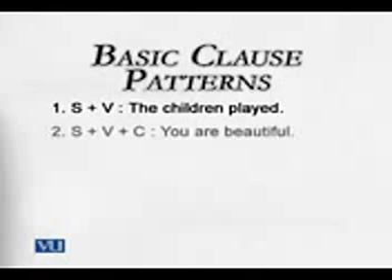Okay, now on your screen you can see I've written the same abbreviation, S plus V. Example: The children played. The children is S, played is verb. Second example, S plus V plus C. You are beautiful. You as subject, V, this is the linking verb, and beautiful is the subject complement.